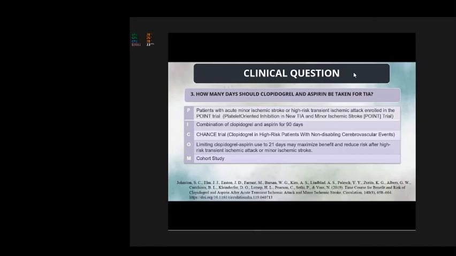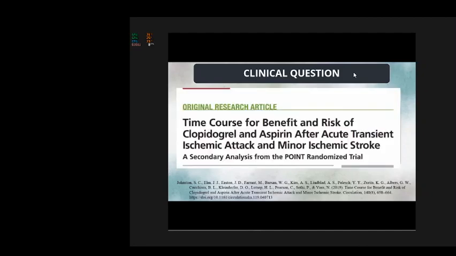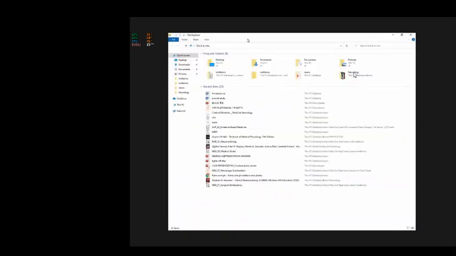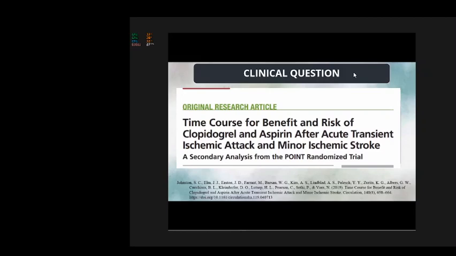Okay, this POINT trial, kasi in TIA and minor ischemic stroke, what was the population? What were the patient characteristics in this POINT trial? Hindi ko masyadong na-flash ko na lang, Doc.